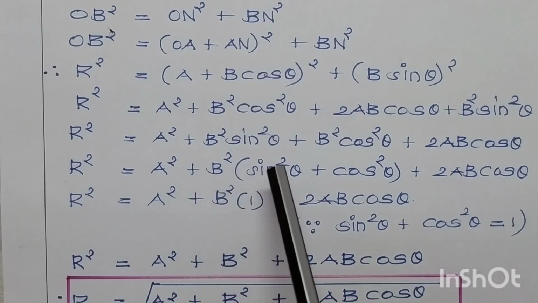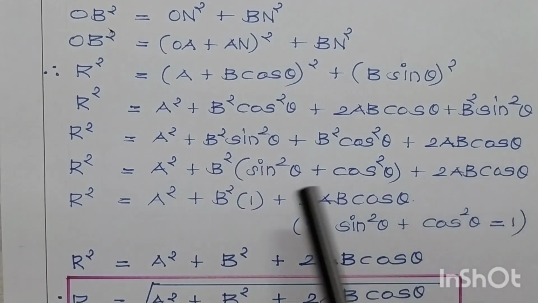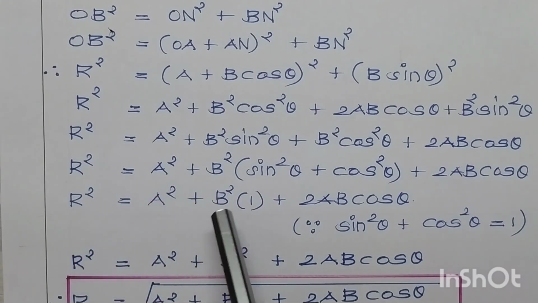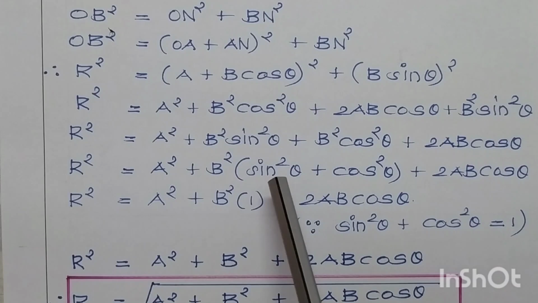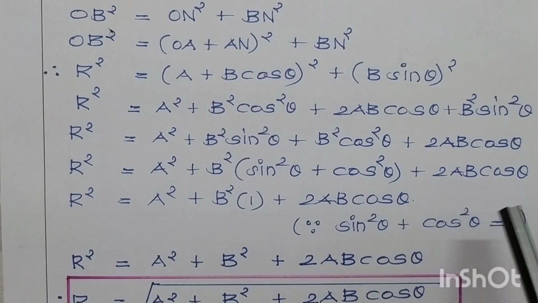So B squared into sin squared theta plus cos squared theta, plus 2AB cos theta. As we all know, sin squared theta plus cos squared theta is equal to 1. So R squared is equal to A squared plus B squared plus 2AB cos theta.